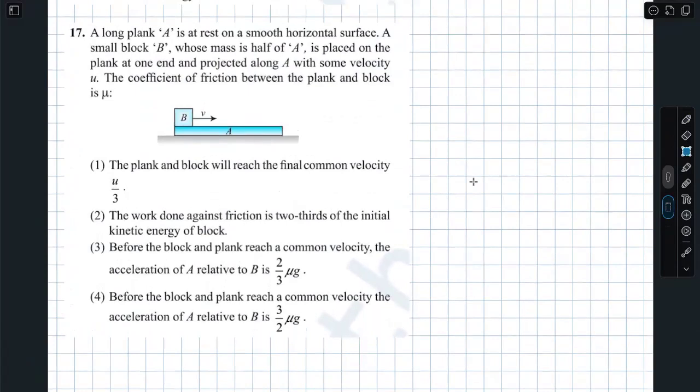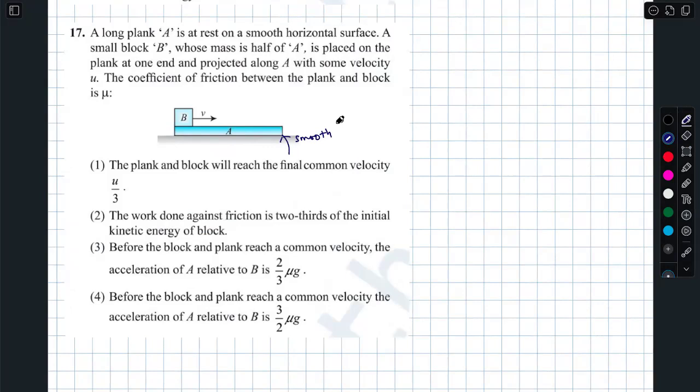Small block B, whose mass is half of A, is placed on the plank at one end and projected along A with some velocity U. The coefficient of friction between the plank and the block is mu. Fortunately, the surface is smooth. Now, what will happen? I will explain clearly.